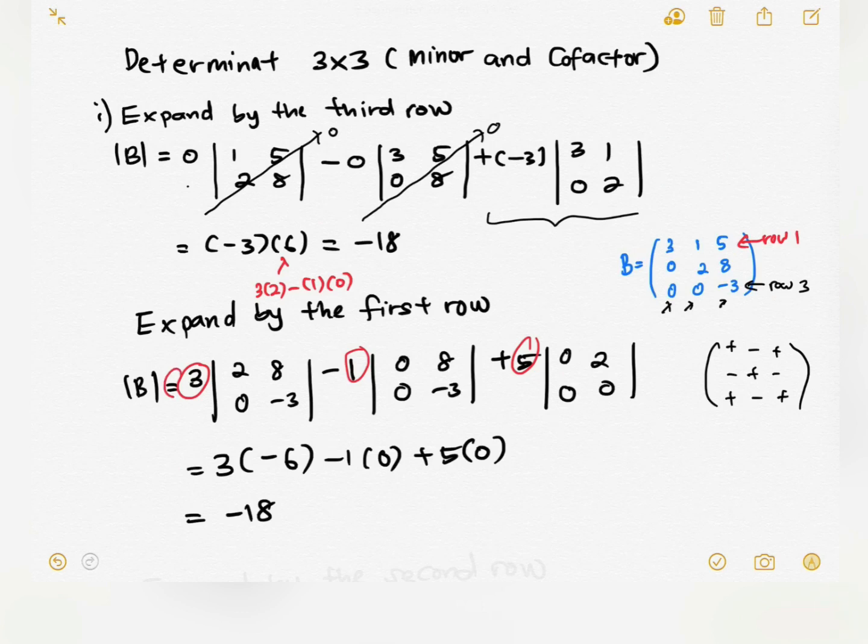You eliminate the associated row and associated column to find the determinant of 2 times 2. This is also easy because you have times 0 here, which will be 0, and another times 0 will be 0. So what's left is only 3 times 16.